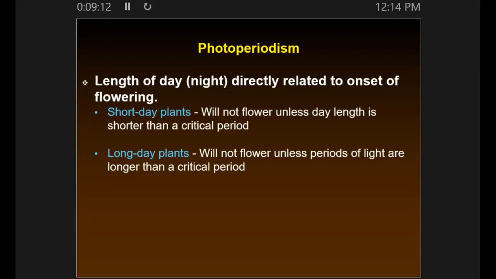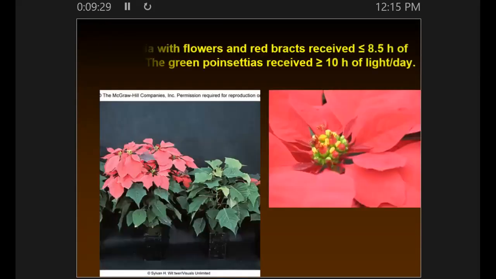Oh, there it is. Beets, lettuce, potatoes, spinach. Okay, so in the notes section, I have some examples. And you can find this out usually by Googling a reputable resource. You can find out if you're interested in a certain plant, whether or not they are short day, long day, or, well, here's poinsettia. And so they're a short day plant.